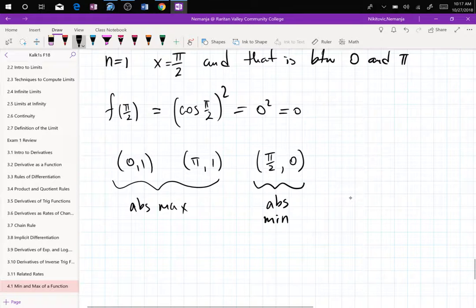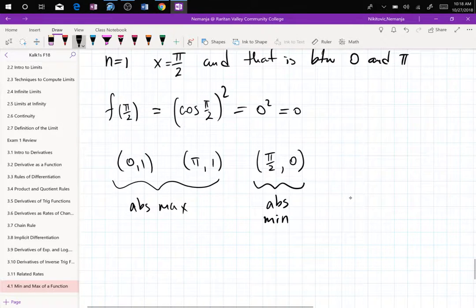So I hope you see absolute max at these two locations. The rest of the graph does not exist because we have to cut off from 0 to pi, right? That's our interval. Do we all see also absolute min at pi over 2 as we calculated? Hopefully we do, right?